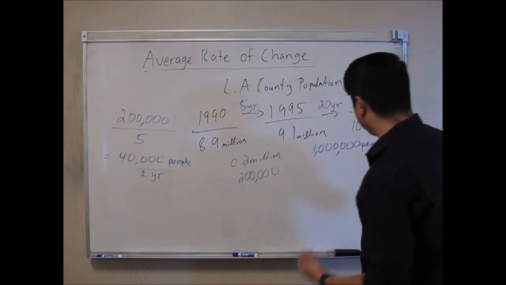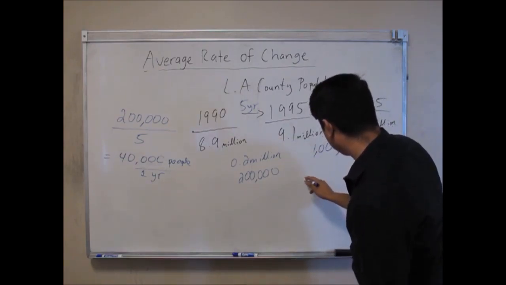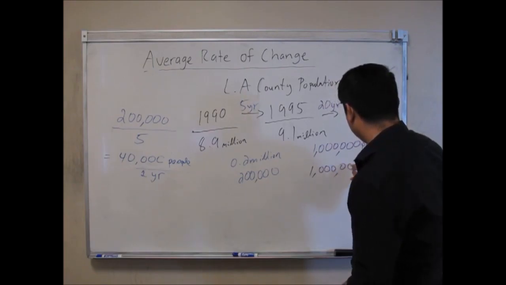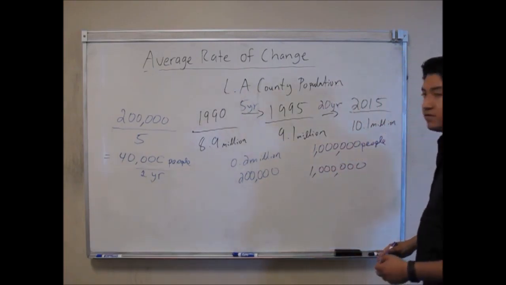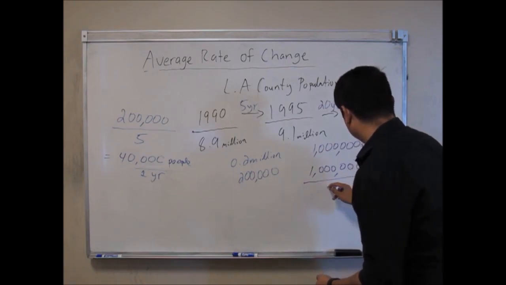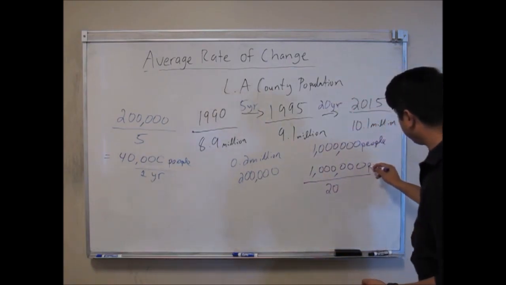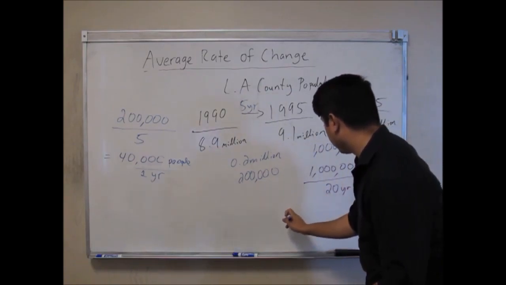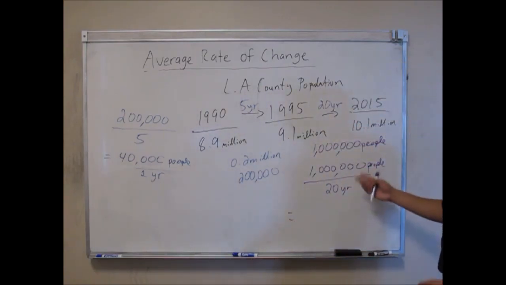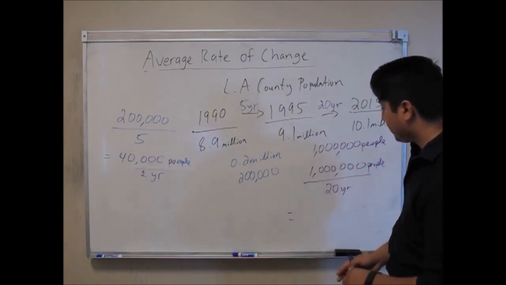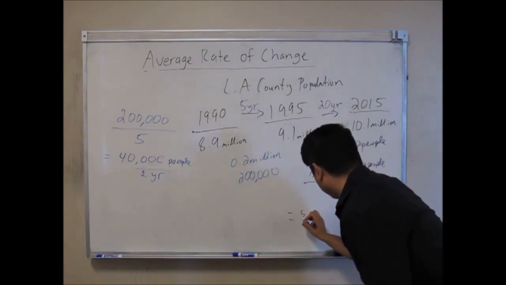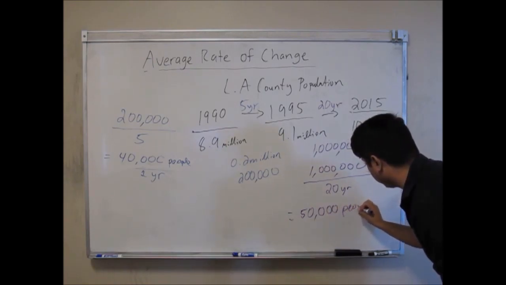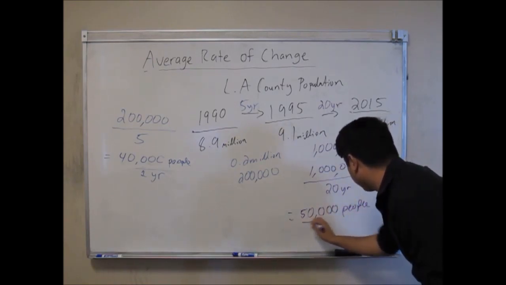So in other words, we can say that your average rate of change of people with respect to time, let's not forget the units, people, years, is really, if you use your calculator to simplify this, 50,000 people per year.